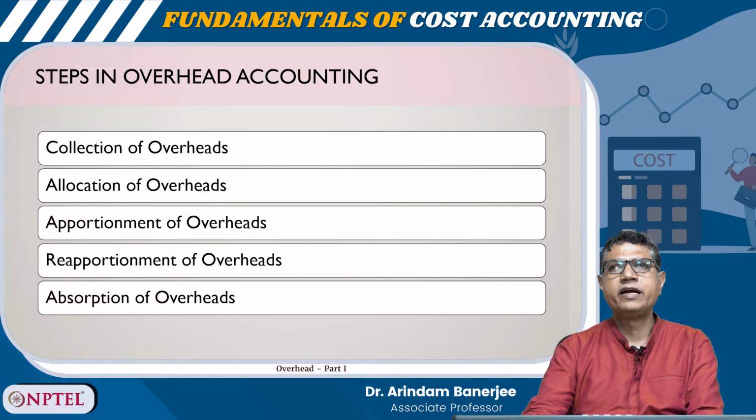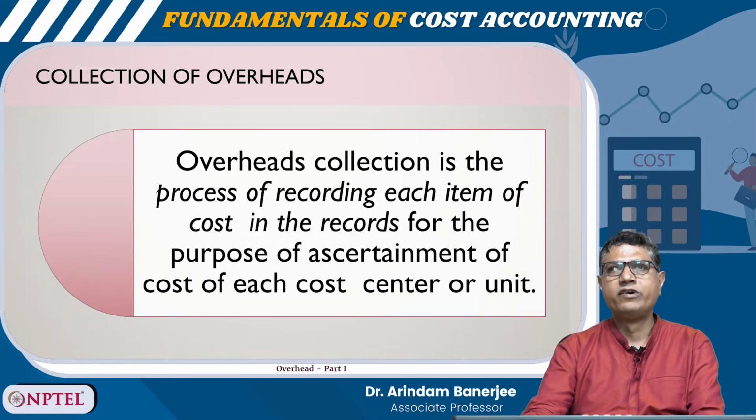Steps in overhead accounting: collection of overheads, allocation of overheads, apportionment of overheads, reapportionment of overheads and absorption of overheads. We will discuss this in this session. So, collection of overheads. What is collection of overheads?